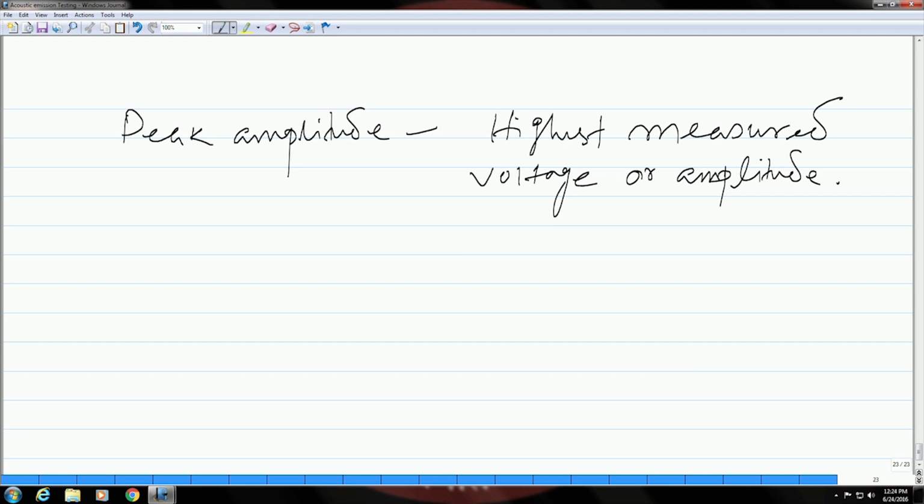And since we are talking about elastic waves or sound waves coming out from the sample, this amplitude is expressed in decibel. And this is directly related to the energy in the signal.